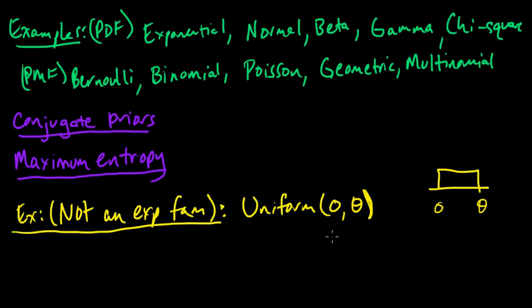This brings to mind, for me at least, an important point when you're working with exponential families: what you consider to be a parameter and what you consider to be fixed.